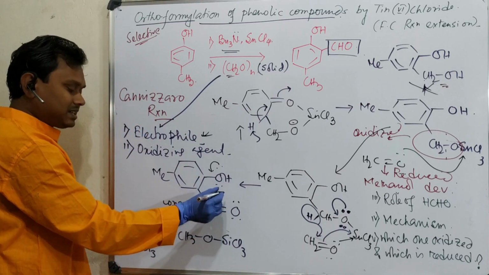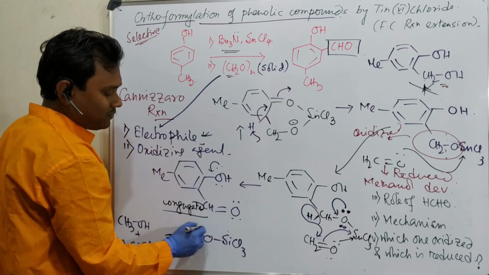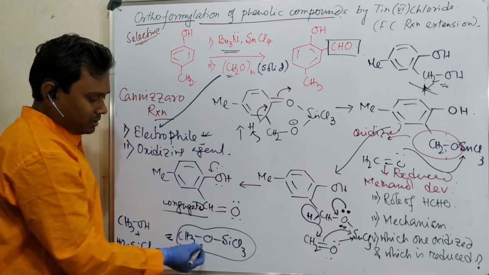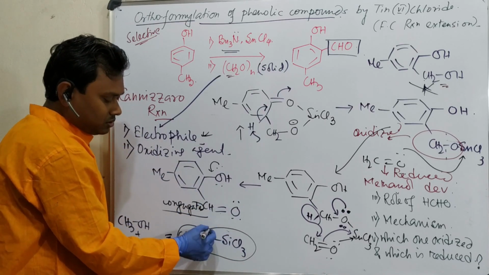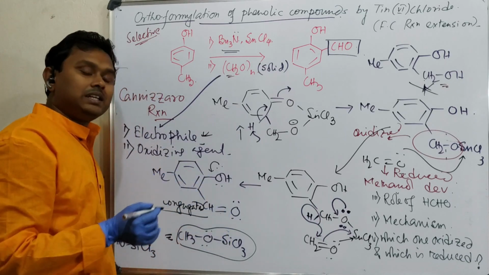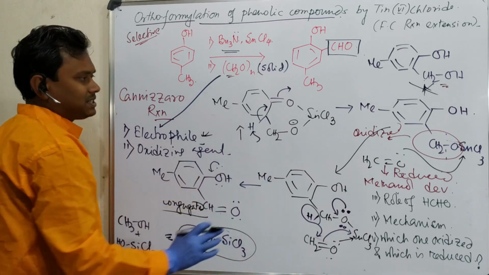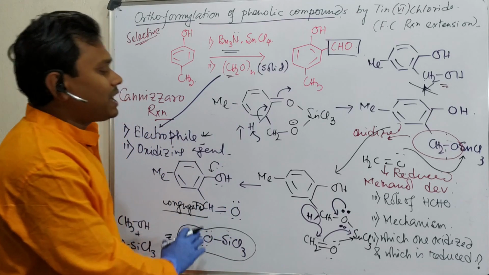That is the reason it is stable. And compared to formaldehyde, which is electron deficient, this methanol derivative is more stable. Second point is silicon oxygen. In the end product, this is a silicon oxygen bond. So this oxygen can delocalize its lone pair to the vacant d orbital of silicon. So ultimately everybody is stabilized. That is the reason for its oxidation as well as reduction.